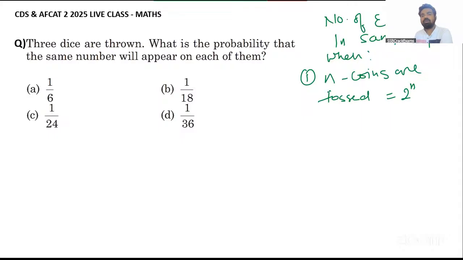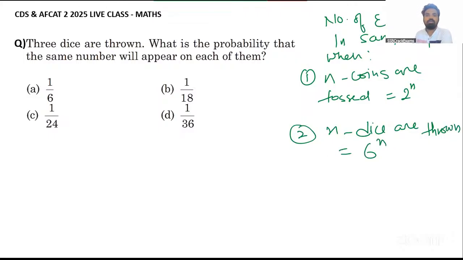Or it can be written like a coin is tossed n times, then the sample space will remain the same. When n dice are thrown, then the number of elements will be 6 raised to power n.